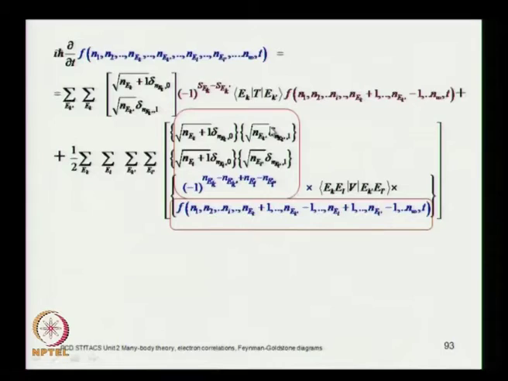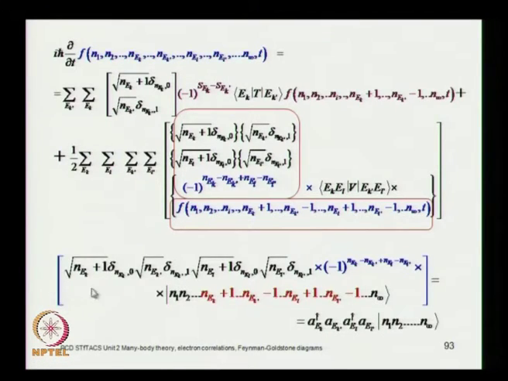You can destroy an electron only if that state is occupied. So, that information is sitting in these Kronecker deltas, and here you see that the occupation of E k has gone up by 1, occupation of E k prime has gone down by 1, occupation of E l has gone up by 1, occupation of E l prime has gone down by 1.